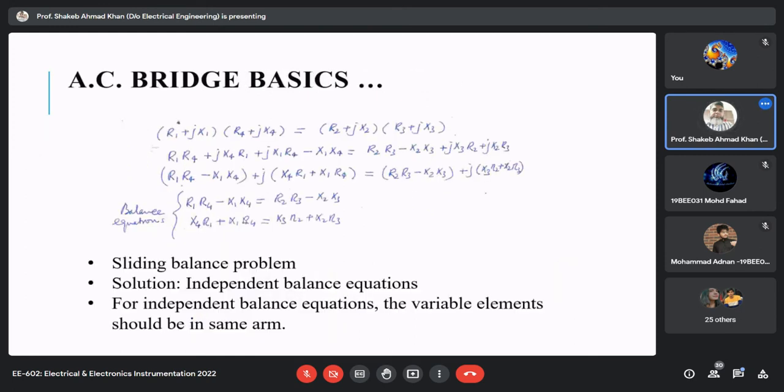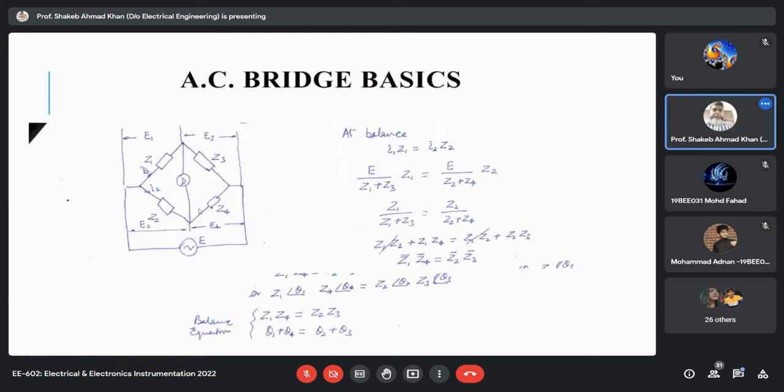I'll try to make you understand the sliding balance problem with these two balance equations. All those situations are hypothetical. Now in this case, you see that these two equations are not independent balance equations. What is the meaning? We are required to have certain variable bridge arm components to balance the bridge.